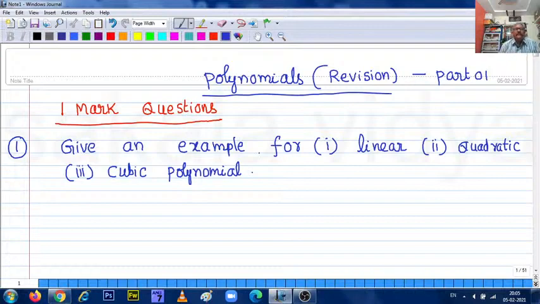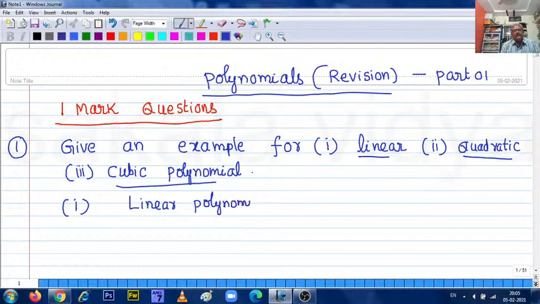You are asked to give an example for linear polynomial, quadratic polynomial and cubic polynomial. So first question, example for linear polynomial. One example you can say is 3x.